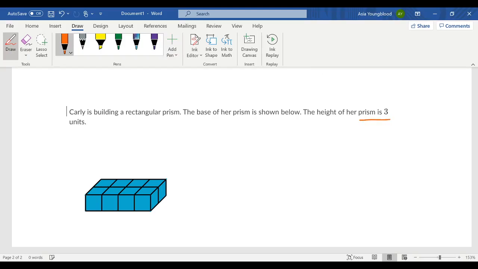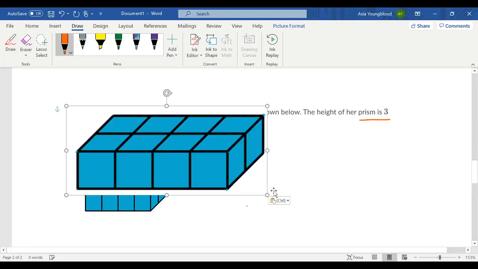So we know that she needs the height to be 3 units, right? So we want to copy this like we did before. Copy just this little shade. We want to stack it so we have one more.